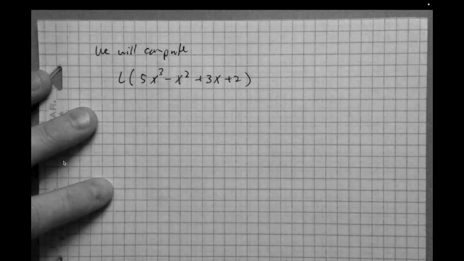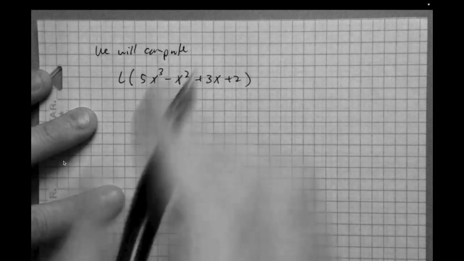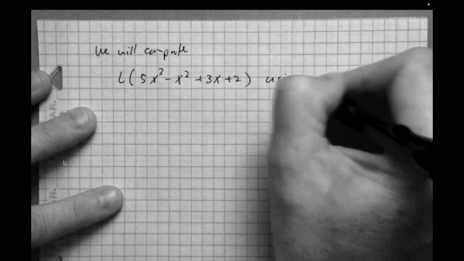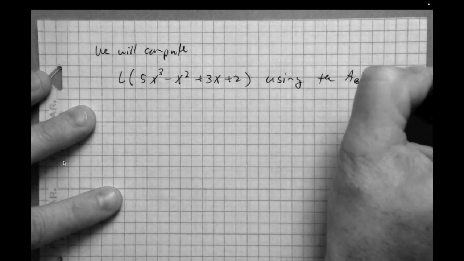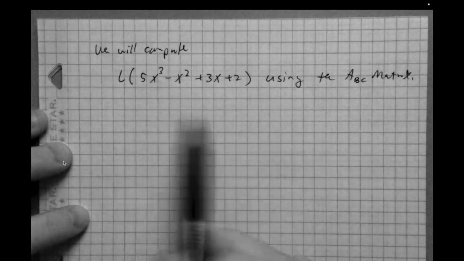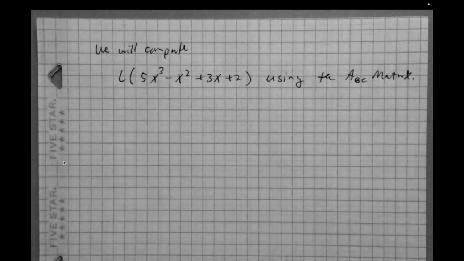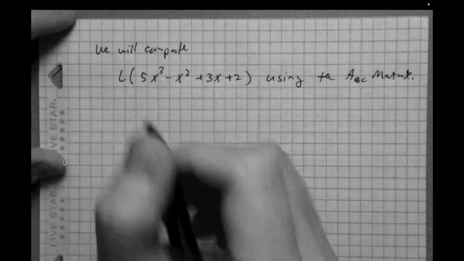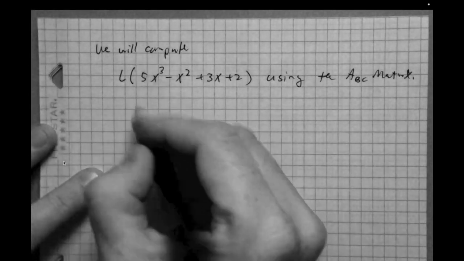We'll compute what this is using this matrix. Now we could go back to the definition of L and run it through, but the whole point of this theorem, this section, these examples, is that now we don't have to do that. We can just multiply it by this matrix we found.